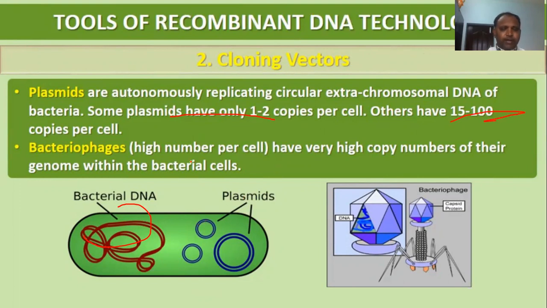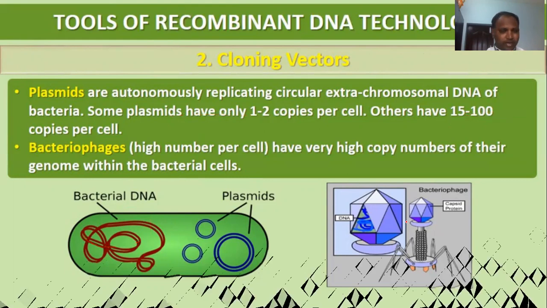And another one, bacteriophage, has a very high copy number of its genome within the bacterial cells, because when one virus infects, it injects its DNA, and the DNA multiplies so fast. So a larger amount will multiply. So we are going to use bacteriophage DNA also as a vector for cloning in prokaryotes. Both plasmid and bacteriophage DNA are suitable vectors for cloning in prokaryotes, right?